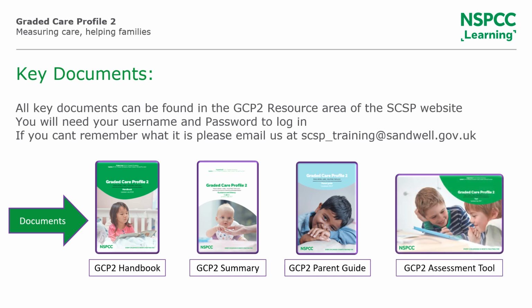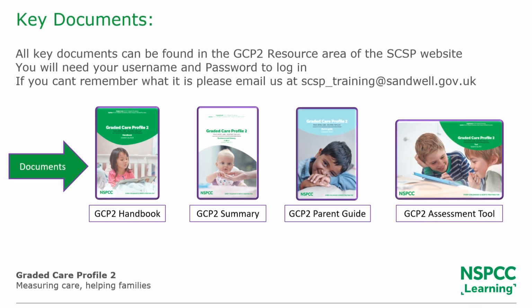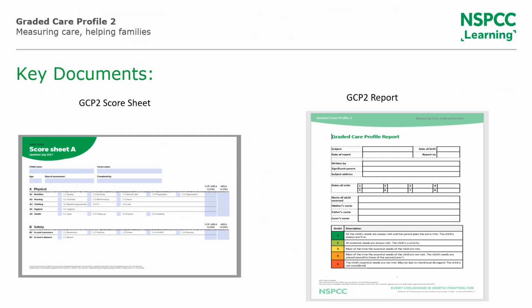There you've got your assessment tool, which you should be using when completing your graded care profile 2 assessment with families, as it really helps you to identify what it is that you're looking for and score that accordingly. We also have these two key documents that you can also find in the resource area.